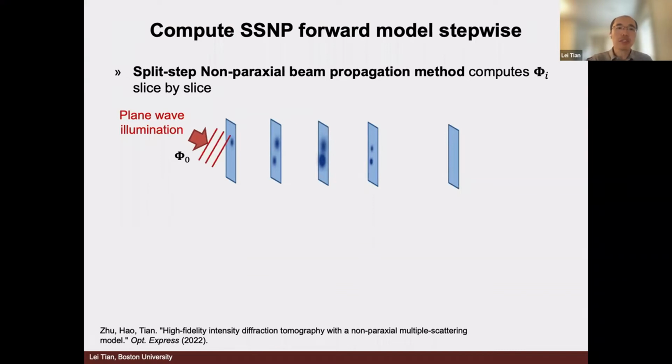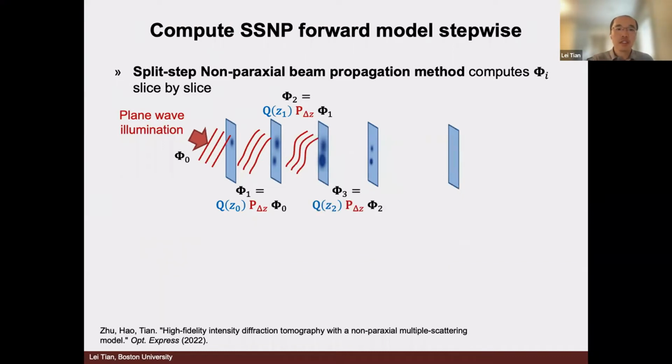Conceptually, you propagate, interact locally with the slice, and repeat the process: propagate, interact. This interaction is basically scattering. You repeat this over and over again. As you can imagine, the more slices you use, the more multiple scattering phenomena are gathered in this computational process, and hence the process becomes more accurate. A rigorous proof is given in the literature we have cited, and also in our own proof.